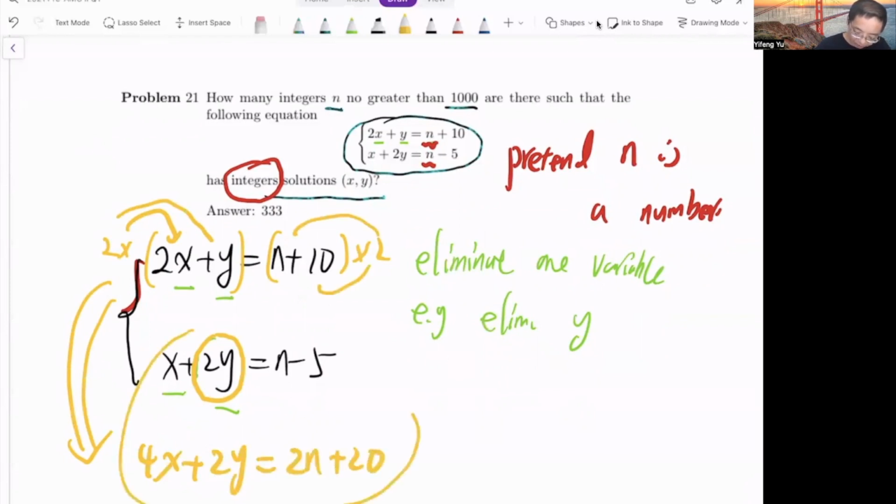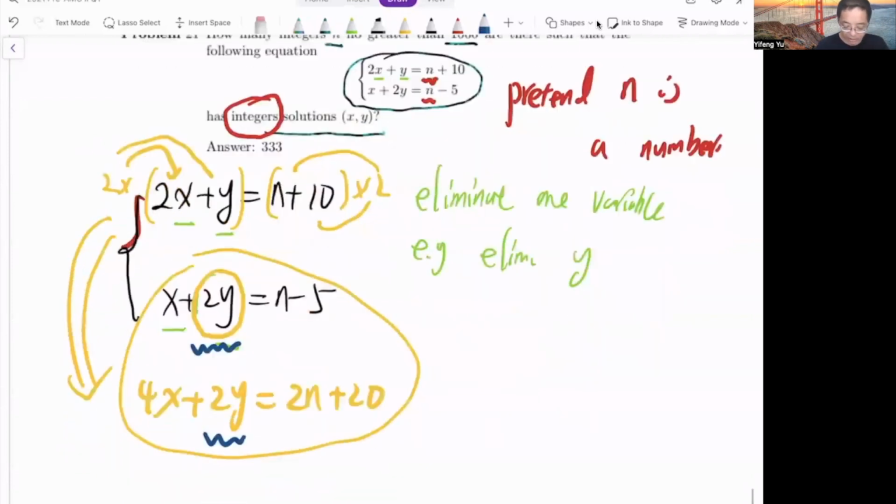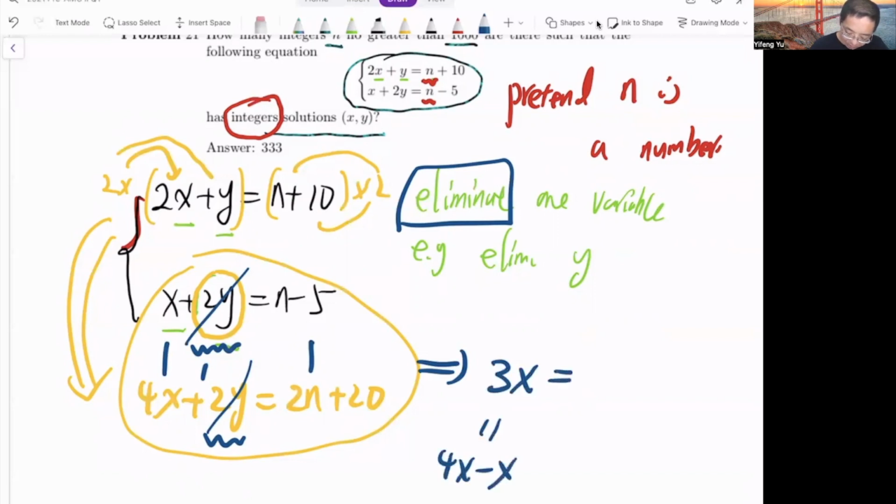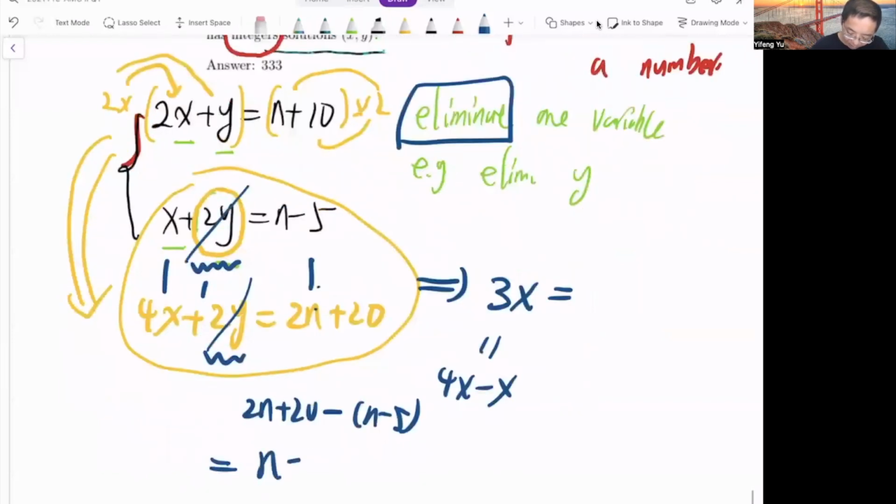Now let's look at the second equation. Well, here we have both 2y, so we can take the difference, and this will get rid of one variable, by elimination. So 2y cancels out. 4x minus x is 3x. And then 2n plus 20 minus n minus 5, what do we get? We get n plus 25.